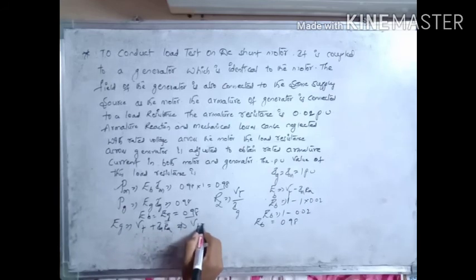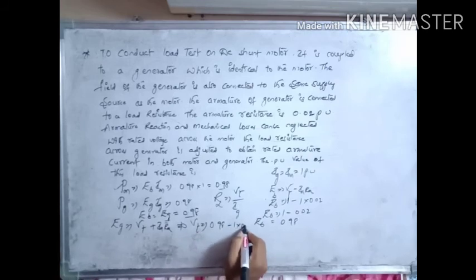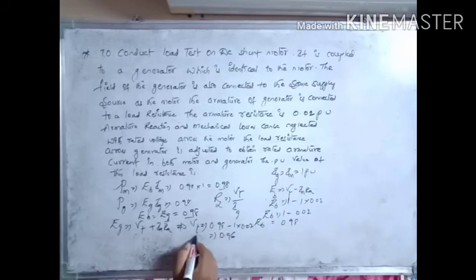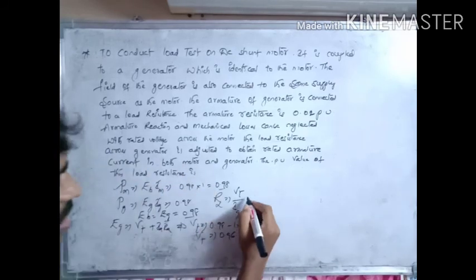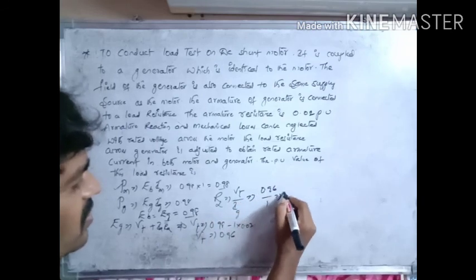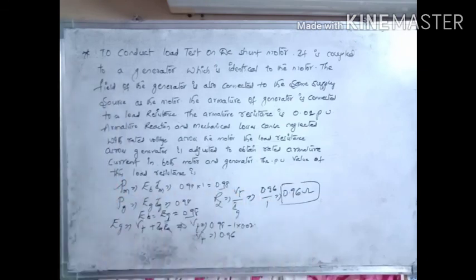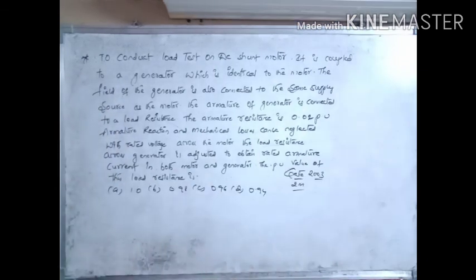And Vt can be calculated as Vt equals Eg, which is 0.98, minus Ia, which is 1, into Ra, which is 0.02, which equals 0.96 as the terminal voltage. And RL equals Vt, which is 0.96, divided by Ig, which is 1, which equals 0.96 ohms. This is the answer. And the answer is C, 0.96.